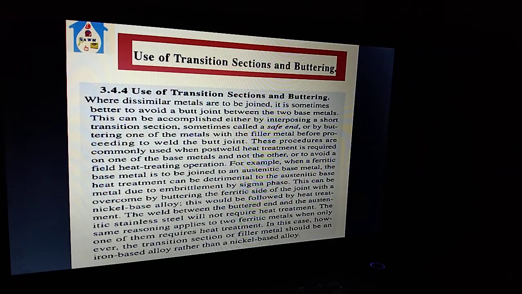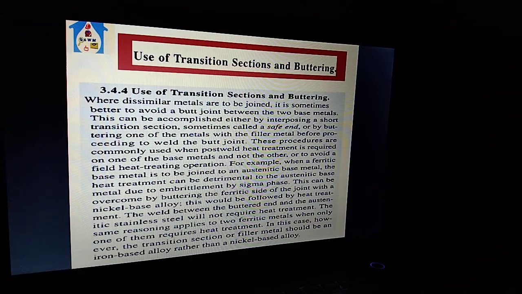This can be overcome by buttering the ferritic side of the joint with a nickel-based alloy. This would be followed by the heat treatment. The weld between the buttered end and the austenitic stainless steel will not require heat treatment.